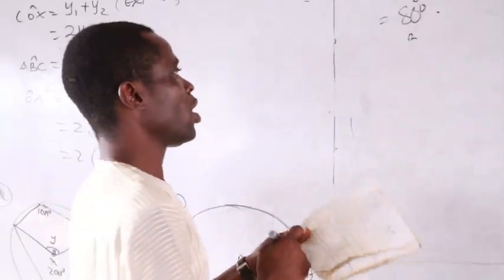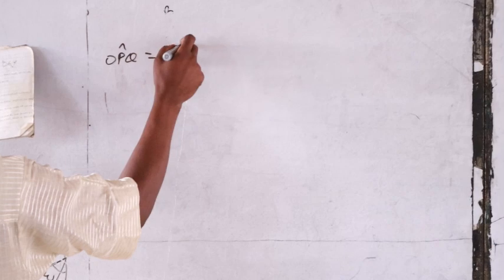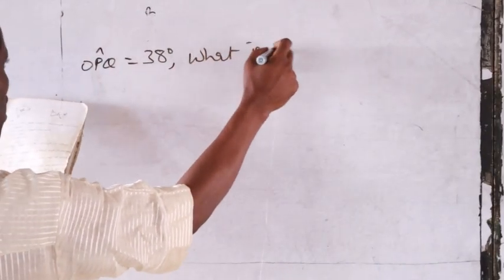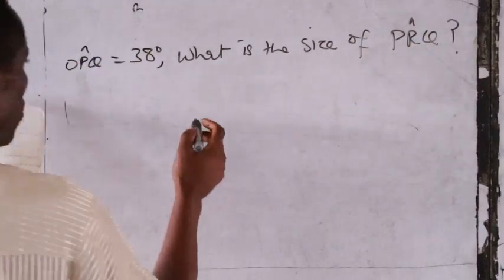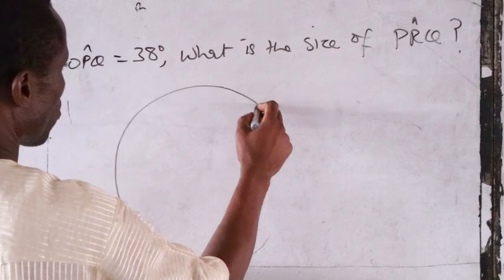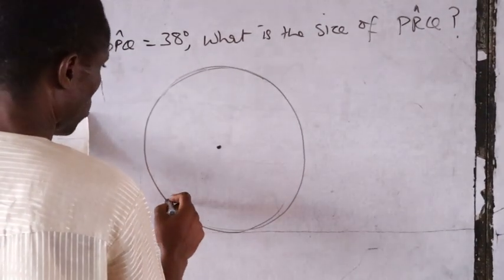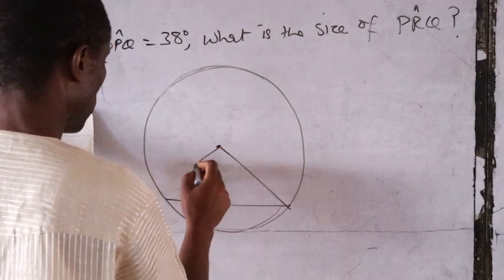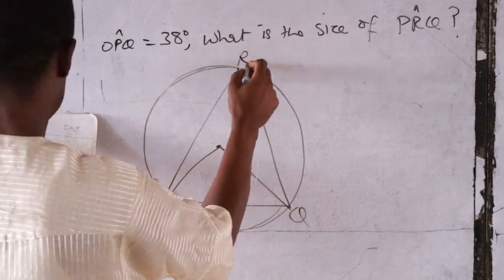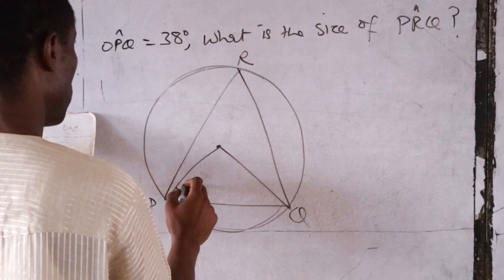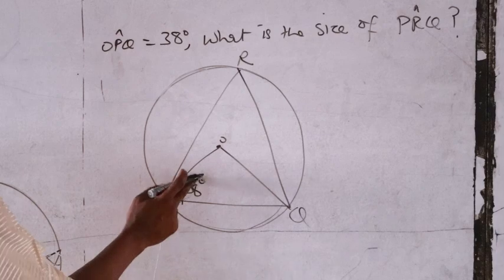If OPQ equals 38 degrees, what is the size of PRQ? This is the diagram. This is 38.